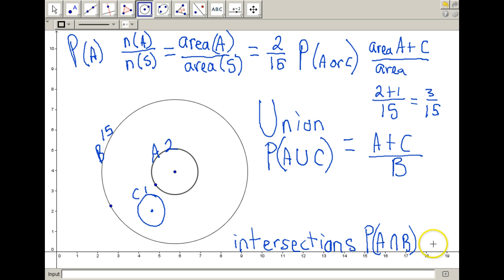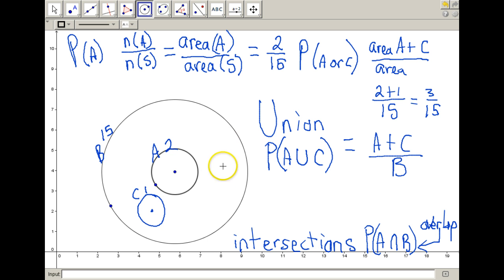Wherever they overlap, that would be an intersection problem, looking for the overlap. And we could do a geometric problem that involves an overlap. We would just draw our circles such that they overlap. And in fact, that's what I'm going to do now.